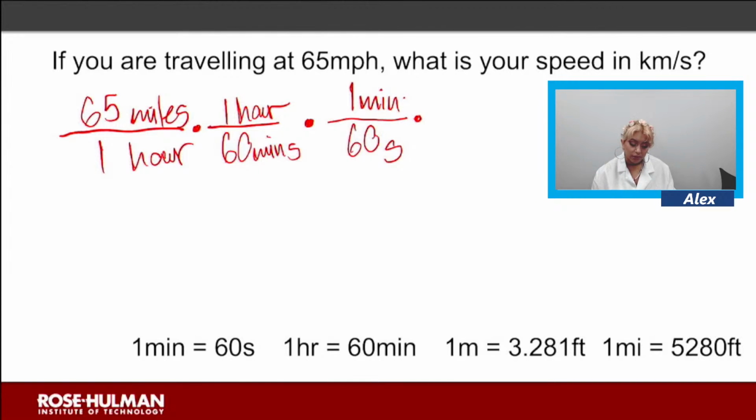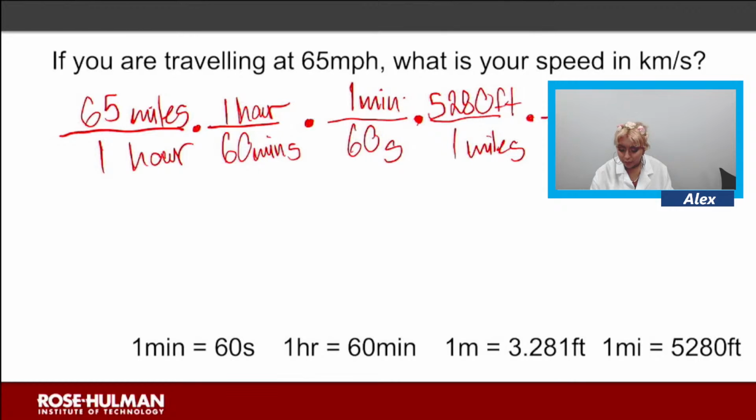Well, first we want to change miles to meters, or sorry, miles to feet, by getting rid of our miles and multiplying by what 1 mile is equal to in feet, which is 5,280 feet.